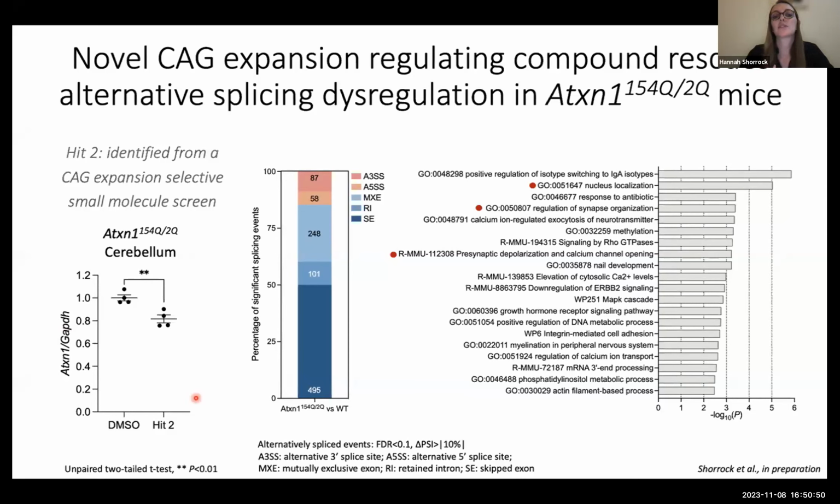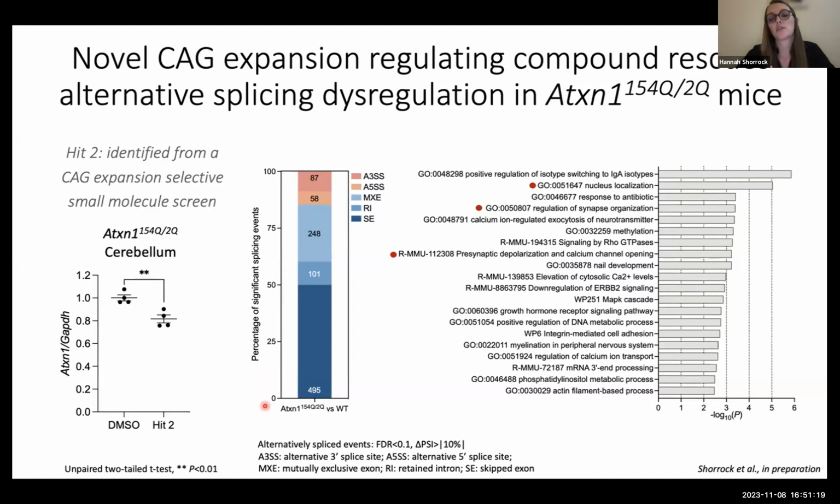Now, we were really interested to assess whether this small molecule was capable of rescuing splicing in these mice. And so we performed RNA sequencing on the cerebellum of these mice. Before I get into the rescue data, I just want to show you that with our in-house RNA sequencing, using an RNA depletion pipeline, we were able to validate the previously published data sets that we analyzed, and we found the majority of the events from our in-house library prep.